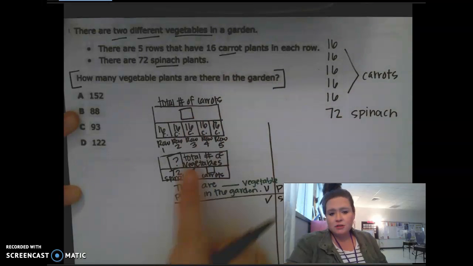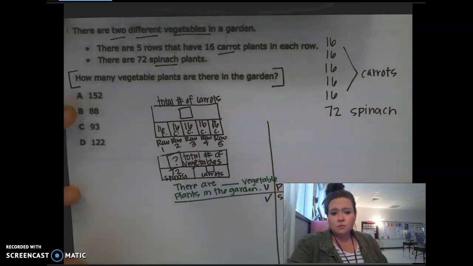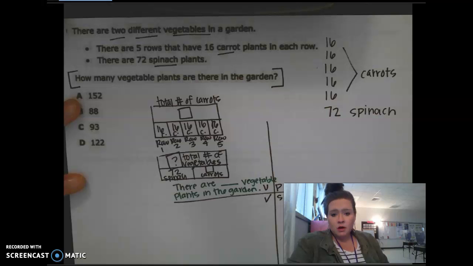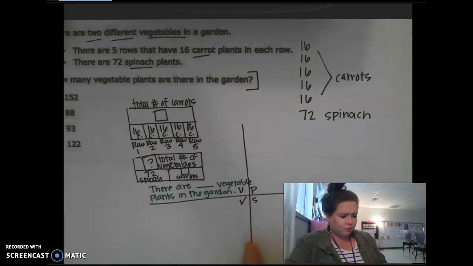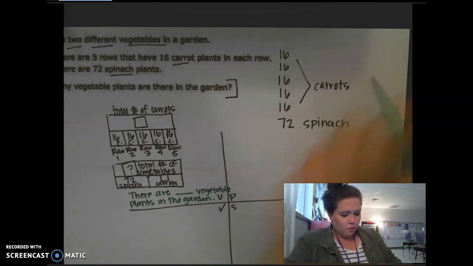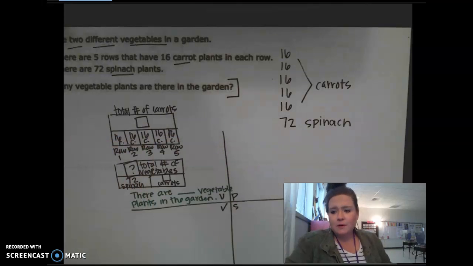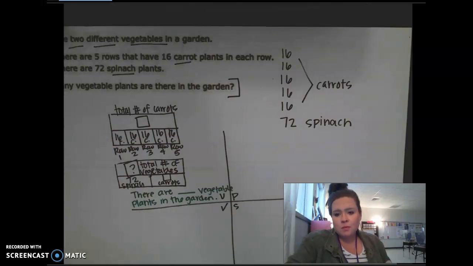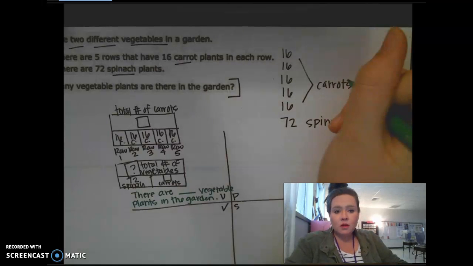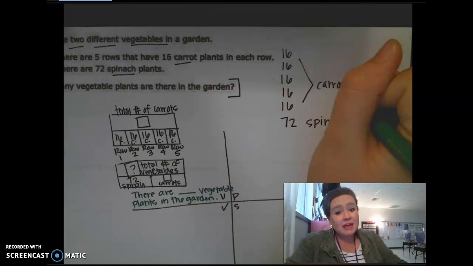How many strip diagrams do we have here? Good, we have 2 strip diagrams. So you're going to have 2 steps to this problem. What kind of strip diagram is this one right here? Good. Some of you said repeated addition.